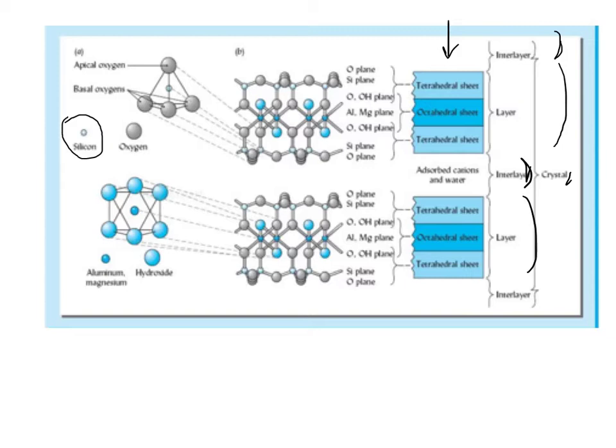Basically, clays are built of two kinds of building blocks. The first one is called the tetrahedron. Tetra is 4. We'll see octa later, 8.